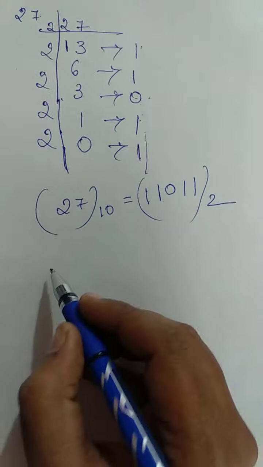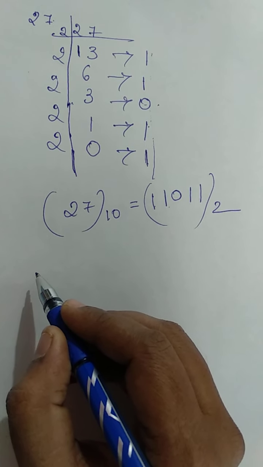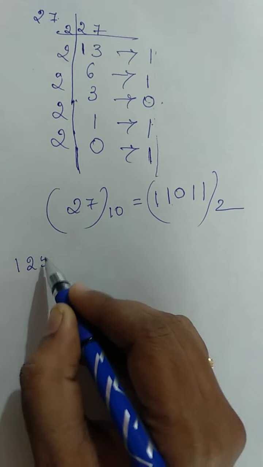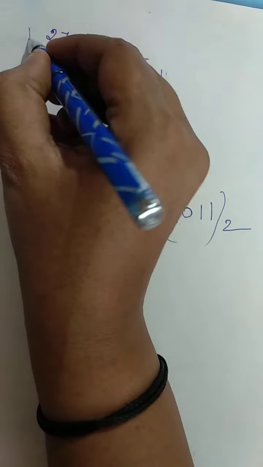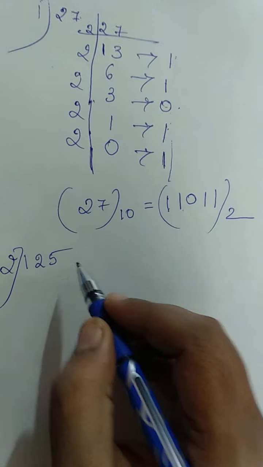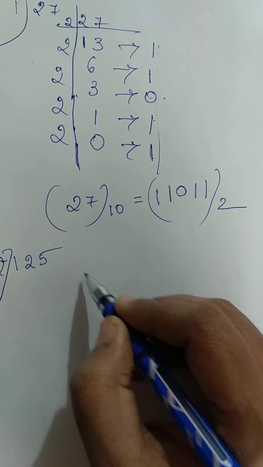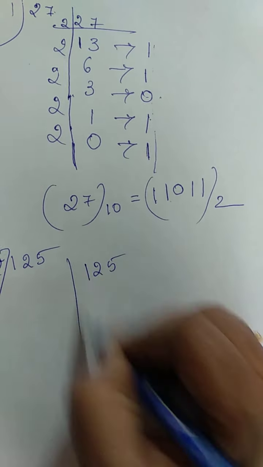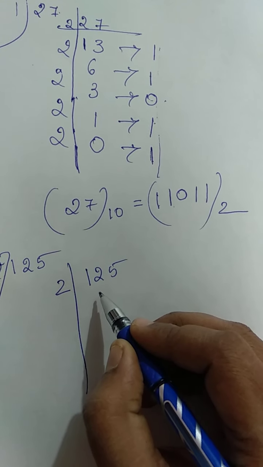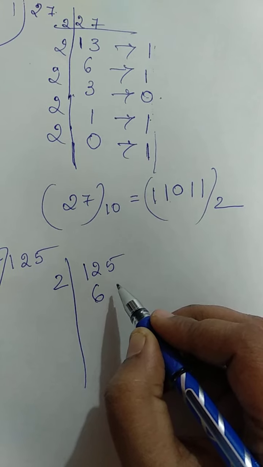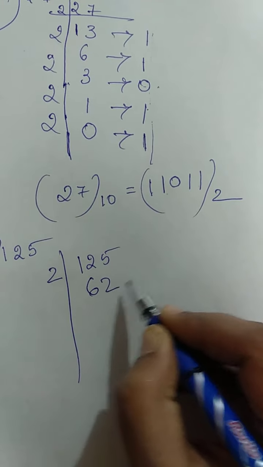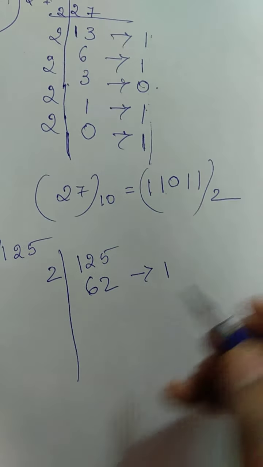For the next example, to convert decimal to binary only, we'll take 125. So this is your first example and this is the second example. That is 125. 2 6s are 12, then 2 2s are 4, then the remainder will be 1.